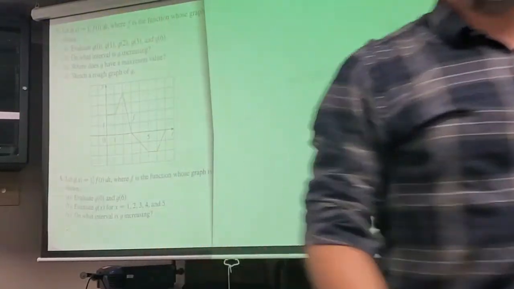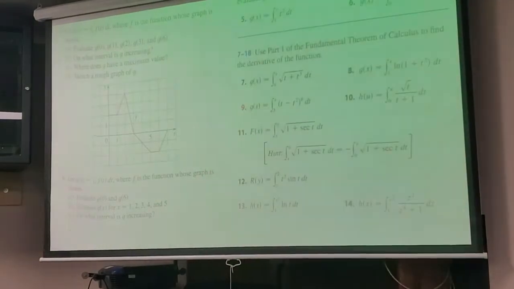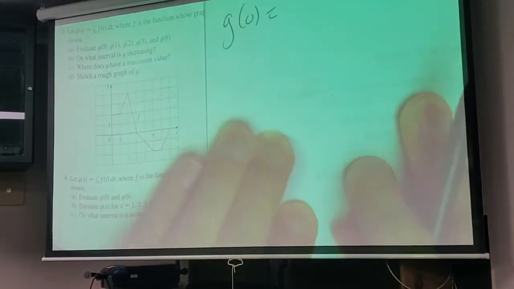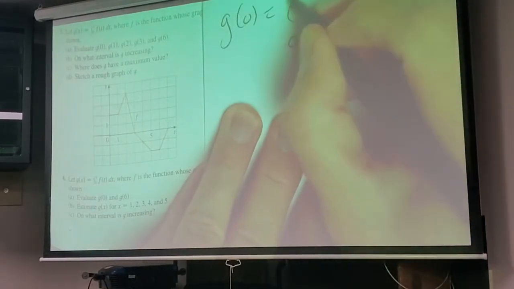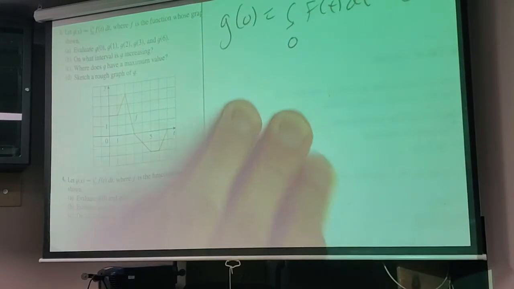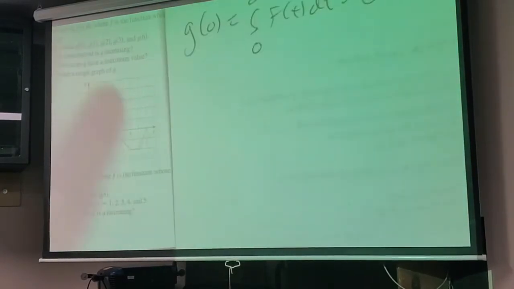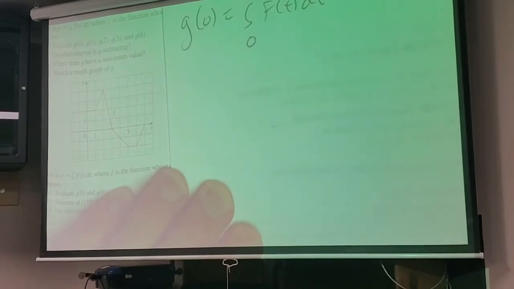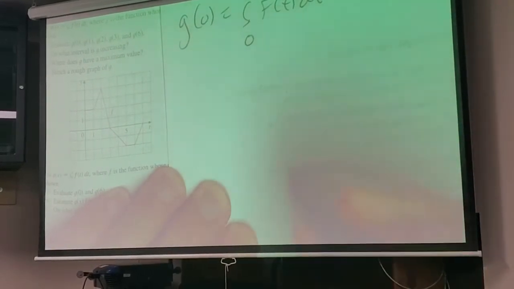Is that cool? G of 0 technically would be the 0 to 0 integral. And everybody needs to really understand that the area between a number and itself is 0, of course. It's got no width. Okay, I love it.